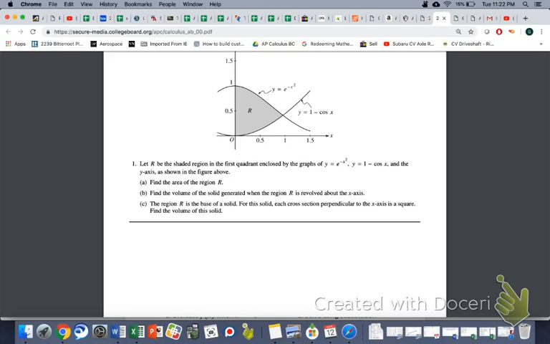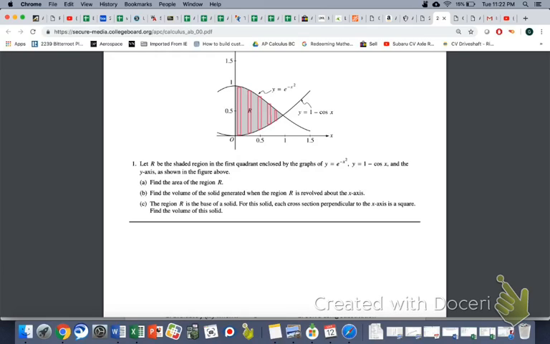Okay, so instead of doing that, I am going to use a vertical representative rectangle. The reason why is because for all of these vertical representative rectangles, the height is going to be determined by e to the negative x squared minus 1 minus cosine x.